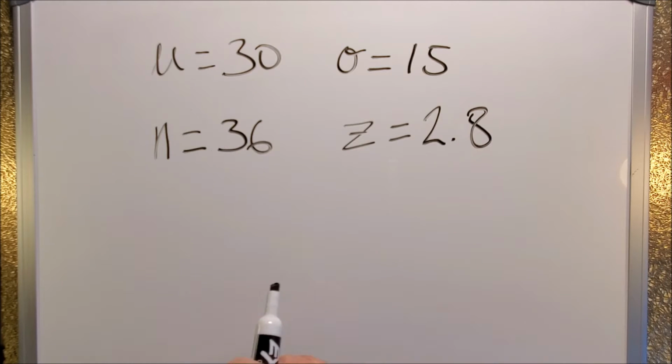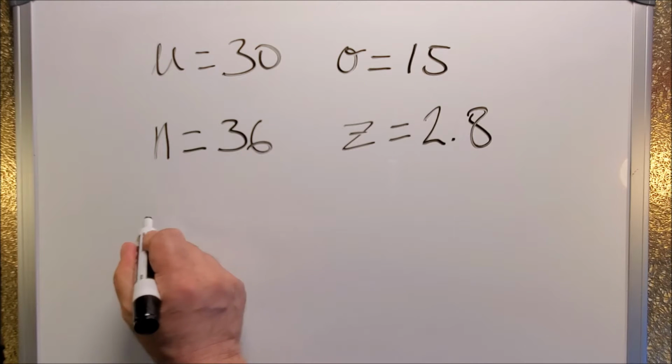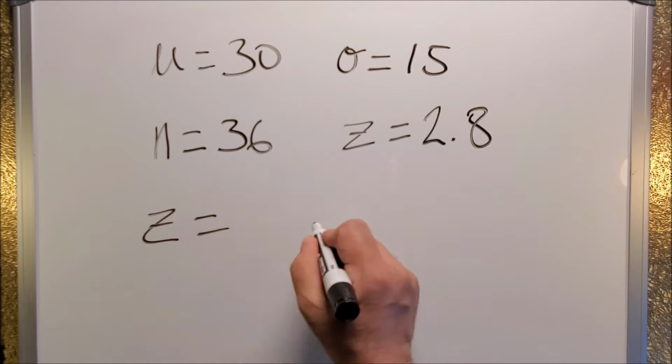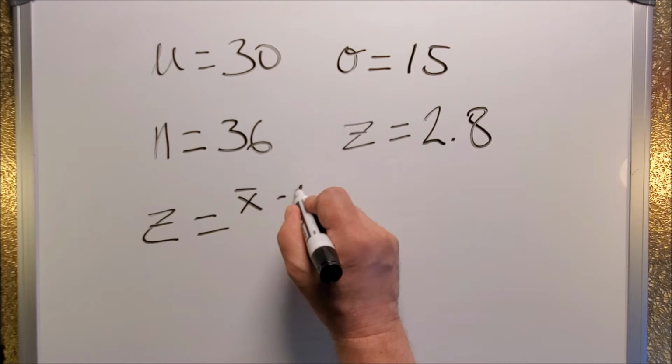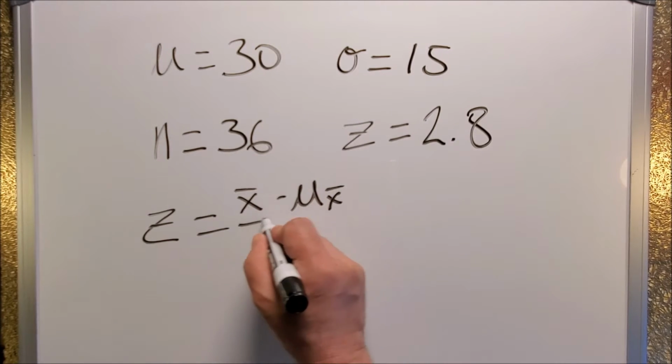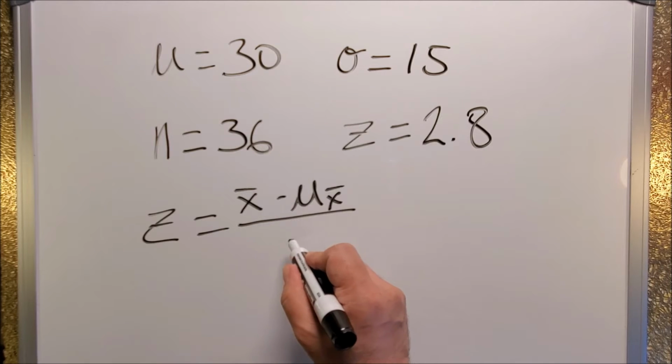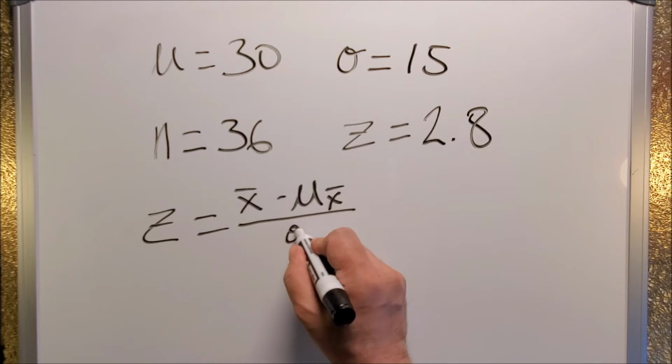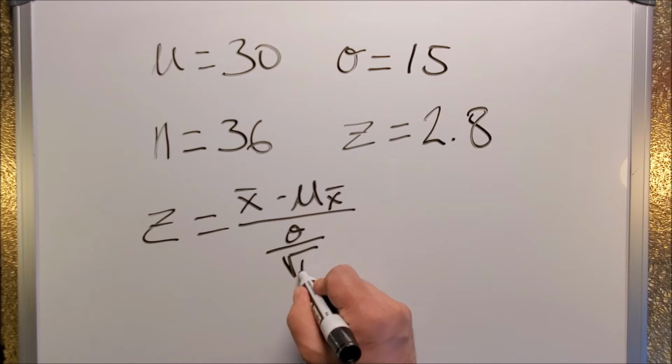Okay, just to finish up that question from Part 1, we're going to remind ourselves of what the formula for z-scores is in the context of the sampling distribution of the sample means. And I gave you more than one version.